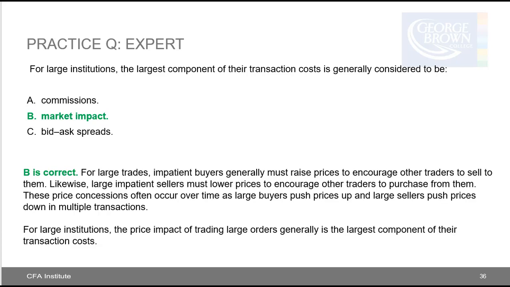For large trades, impatient buyers generally must raise prices to encourage other traders to sell to them. Likewise, large impatient sellers must lower prices to encourage other traders to purchase from them. These price concessions often occur over time as large buyers push prices up and large sellers push prices down in multiple transactions. For large institutions, the price impact of trading large orders generally is the largest component of their transaction costs.